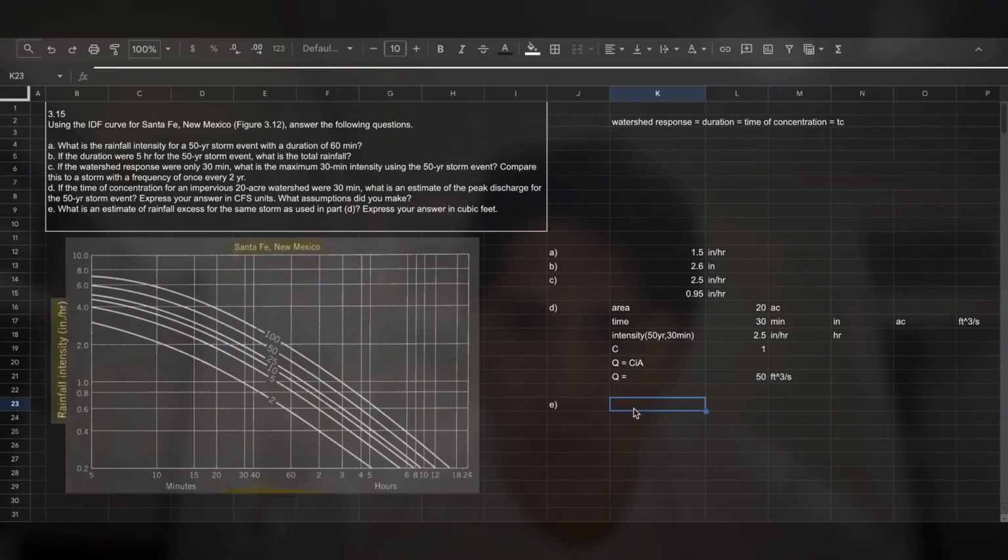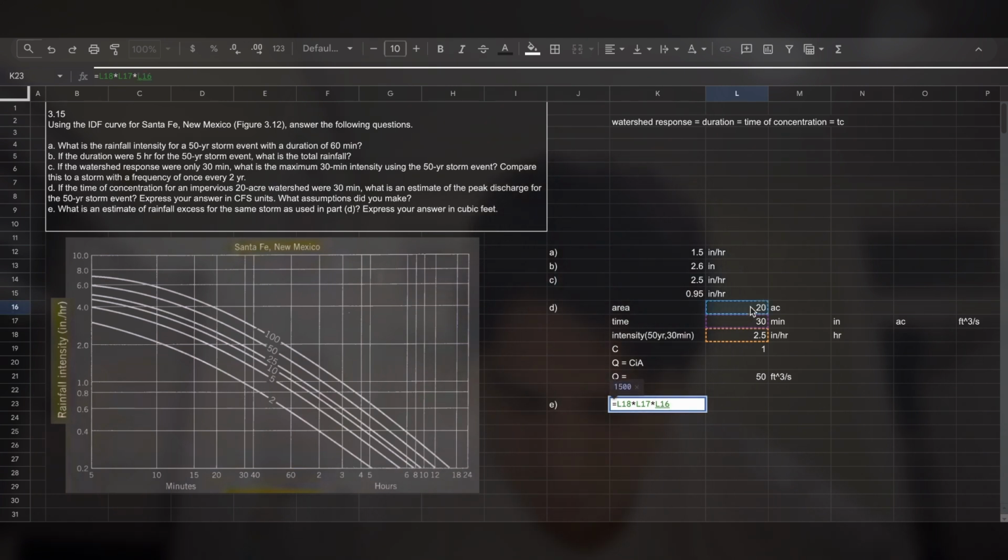To get the volume, that's going to be equal to 2.5, which is an intensity, times the 30 minutes of the storm, times the area, which is 20 acres.